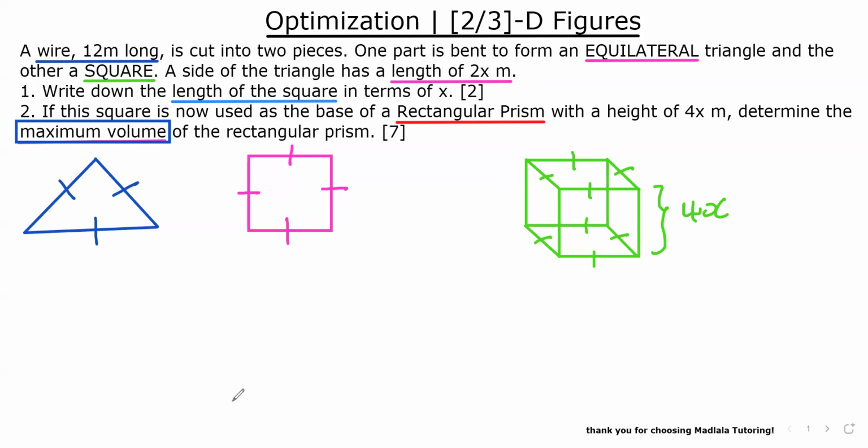They said the length of each side of a triangle is 2x meters. In other words, we have 2x, 2x, and 2x. In simple language, the length of the wire that is used to form a triangle is 6x meters, right?